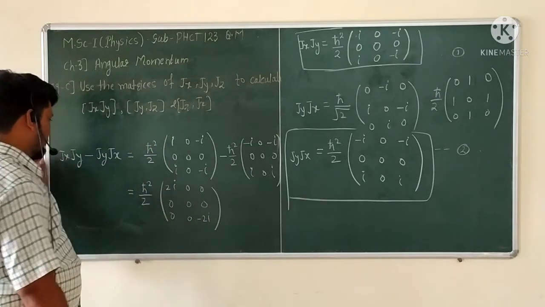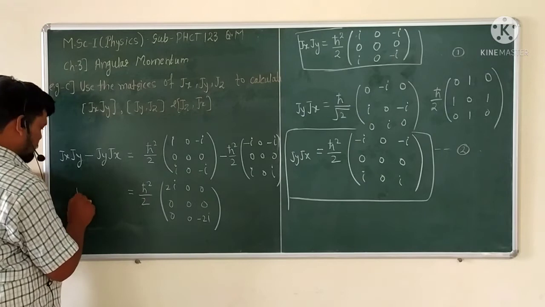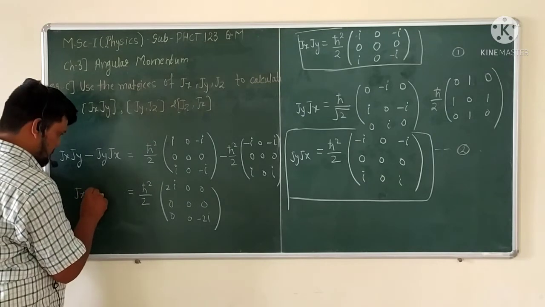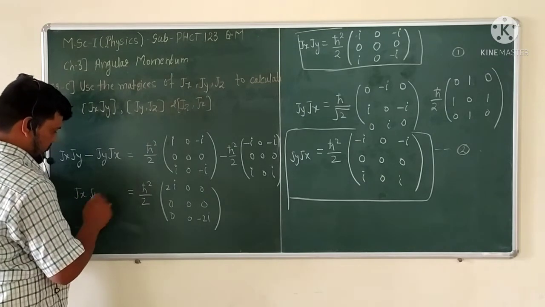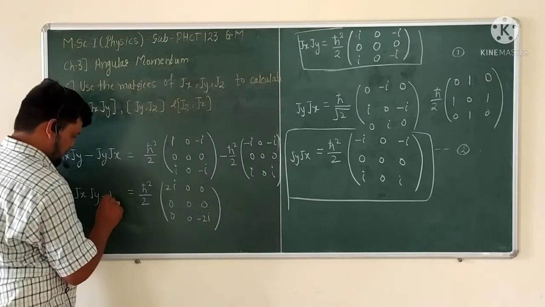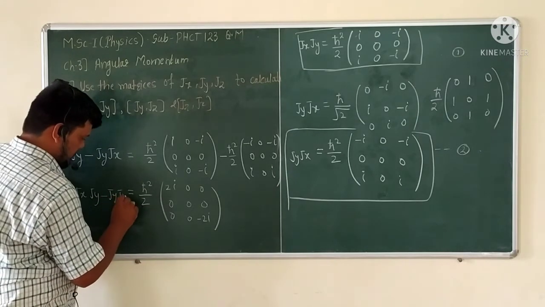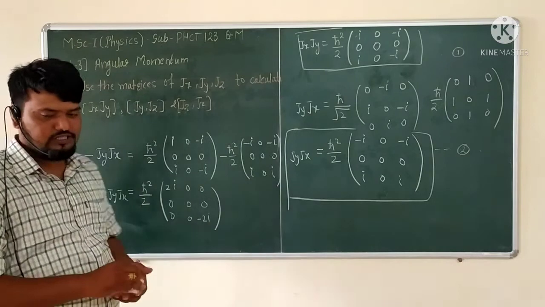So Jx Jy minus Jy Jx is nothing but this matrix representation.